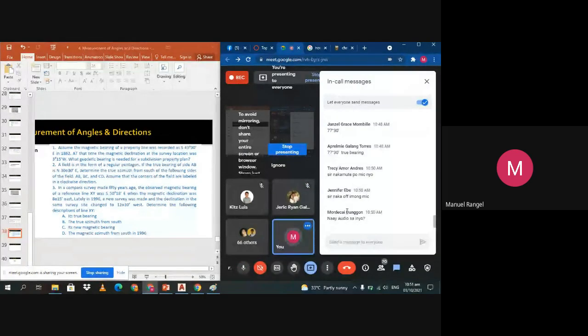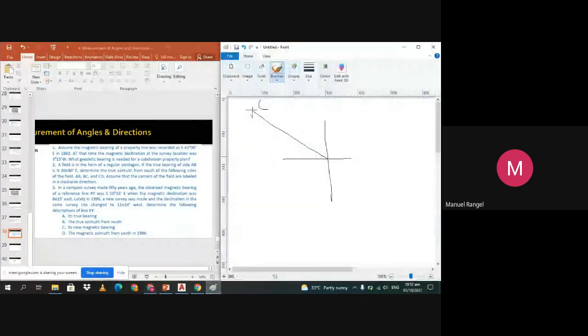Okay, for point C to D. Line C to D. Sorry, nagsamok-samok ang magandang mga kuan dire. This point D, this is 77 degrees ganina.